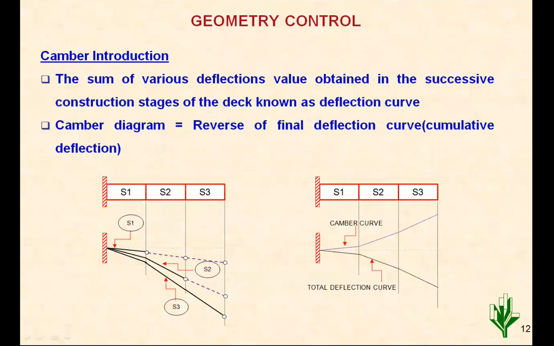Suppose there is a fixed end cantilever where we have to erect segments S1, S2, S3. Then once we erect segment S1, the tip of S1 will go slightly down. So this is the first point down. Now when we erect S2, because of the weight, this will go further down and the tip of S2 will go something there.